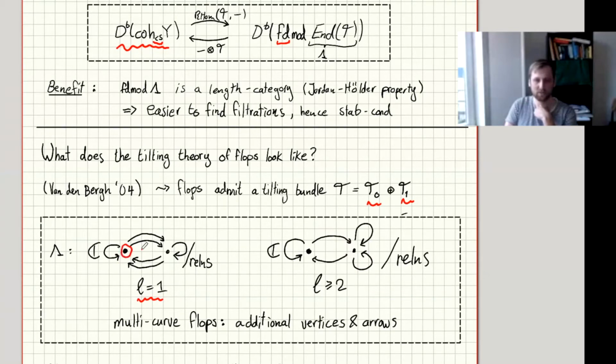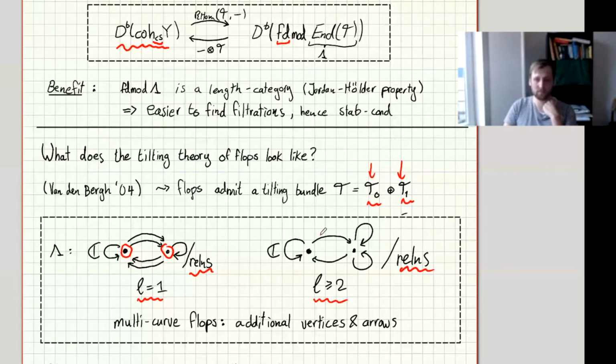So we have two vertices, one for each summand, and then arrows between them corresponding to the homomorphisms between the two summands. And then there will be some complicated relations.